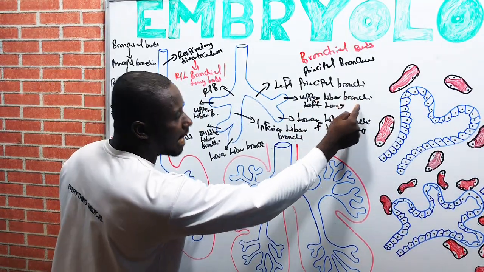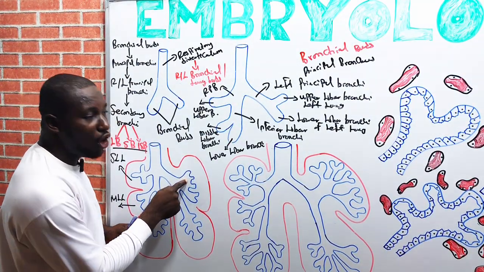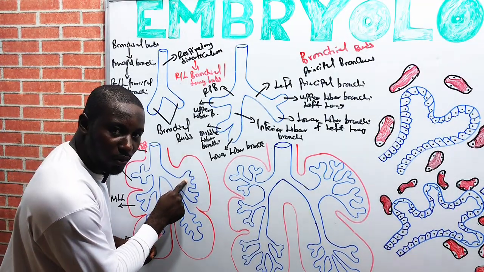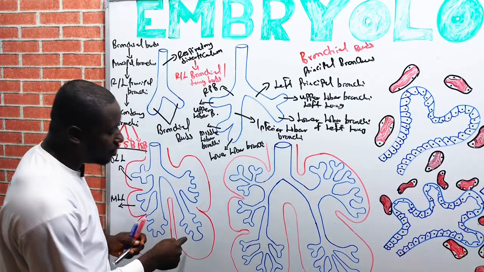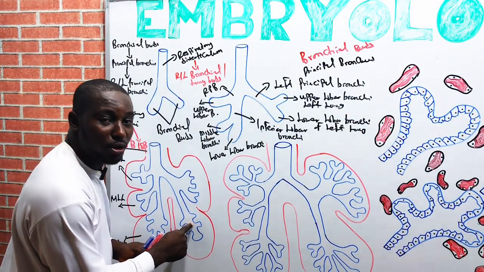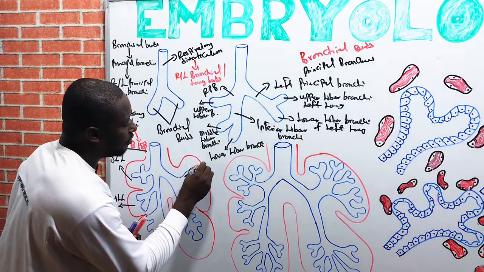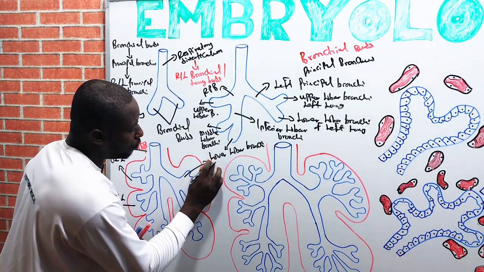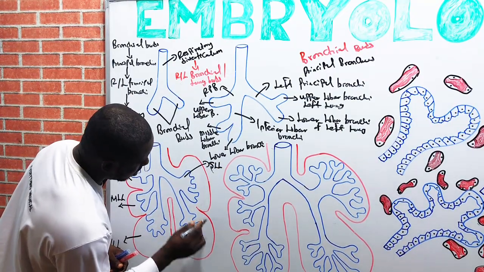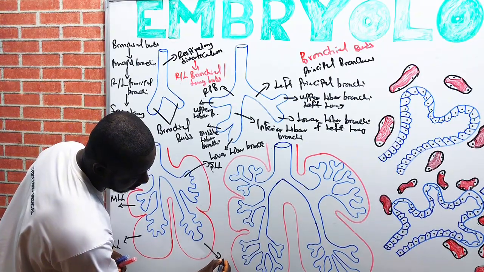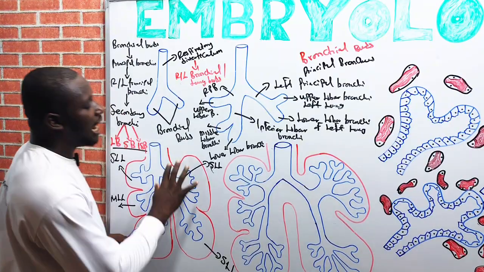This upper lobar bronchi then supplies the superior lobe of the left lung, right? The lower lobar bronchi also supplies the inferior lobe of the lungs. So that is how it works.